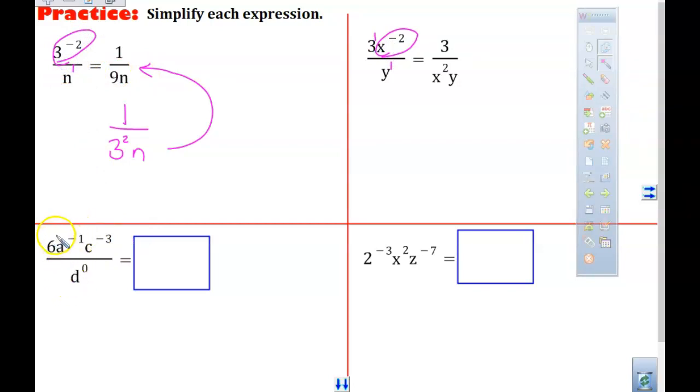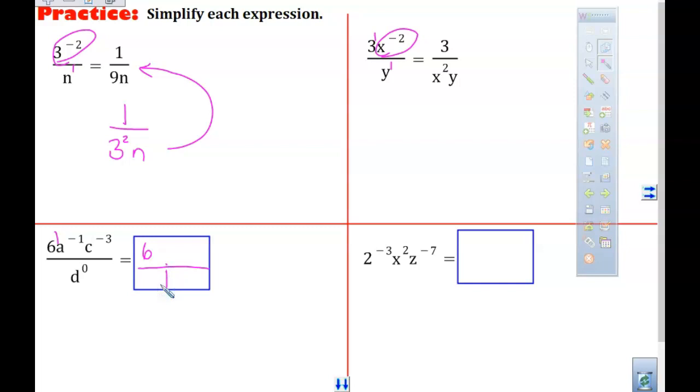6 is to what power? First. Negative, 0. We love something to the 0. Isabel, d to the 0 is 1. So I got 1 in my denominator. 6. Should I move it or keep it, Morgan? Keep it. How about the a? What are you going to do, Morgan, with the a? Move it.